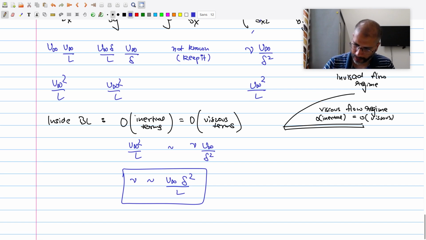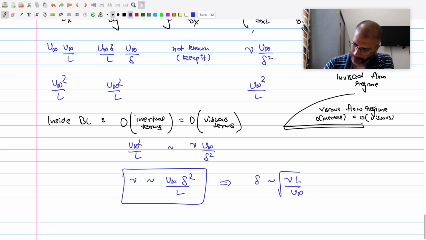Let's see if this can tell us something else, because we have found out the relation between the orders of nu and delta. Let's see if we can simplify this a bit further. So let's write delta in terms of nu. That becomes the square root of nu L upon u infinity. I take delta on the left hand side and everything else on the right hand side.